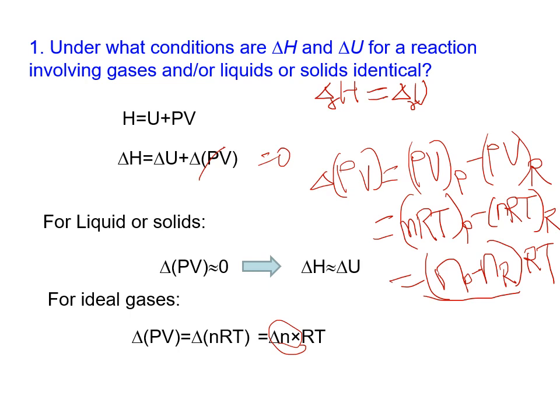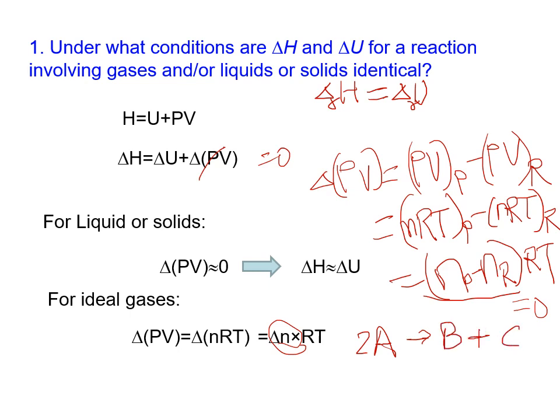So can delta H equal delta U? Yes, if delta N is 0. In other words, if the reactants' number of moles equals the product number of moles. For example, let's say you have 2A in gas phase forming 1B plus 1C.